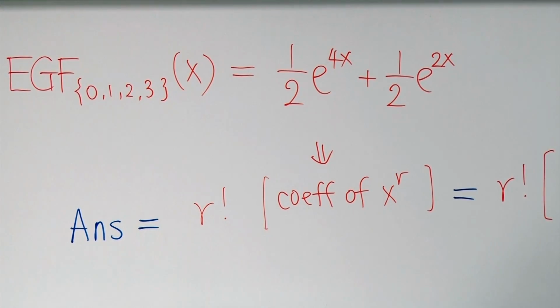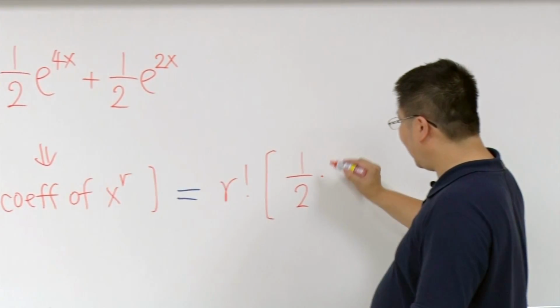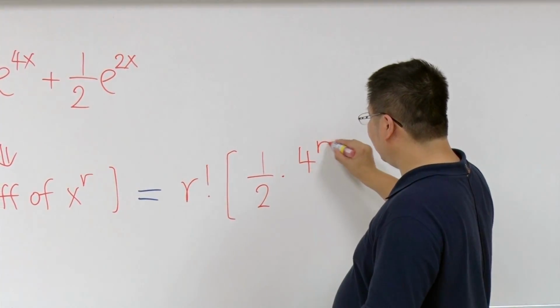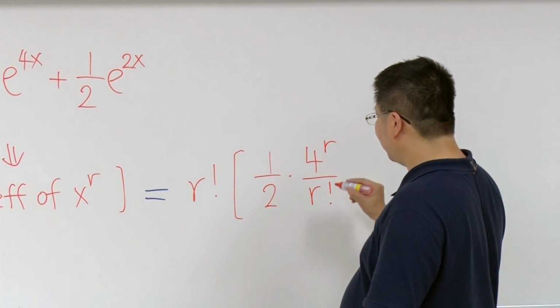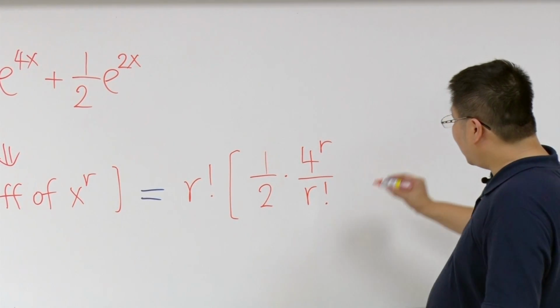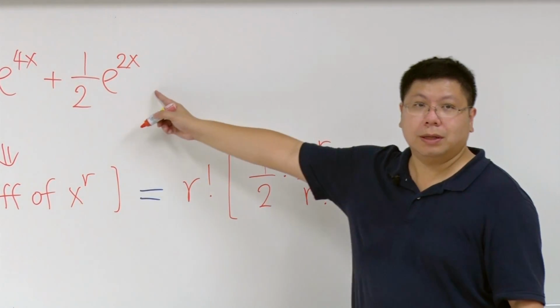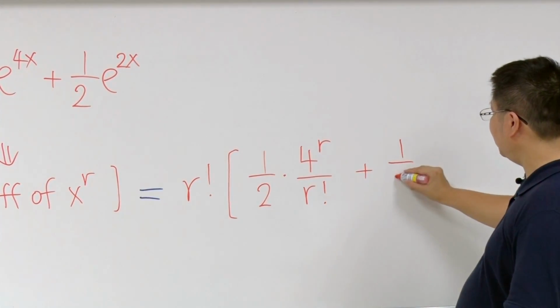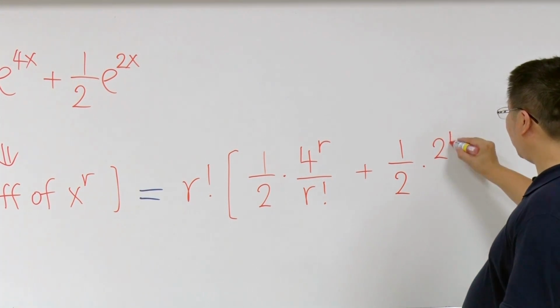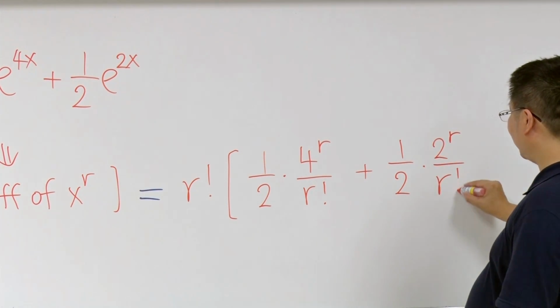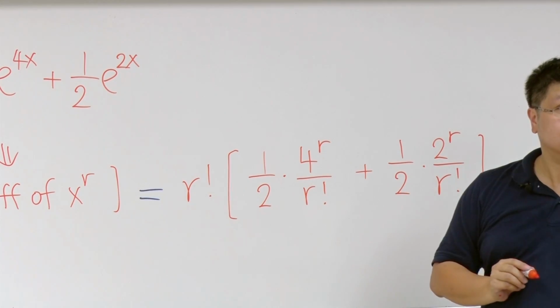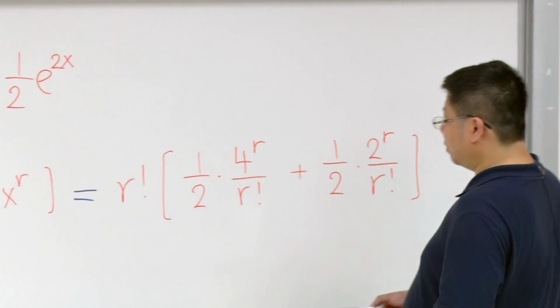It is going to be 1 over 2 times 4 to the power r divided by r factorial. And for this one, this is 1 over 2 times 2 to the power r divided by r factorial. Is that okay? Everyone has r factorial.